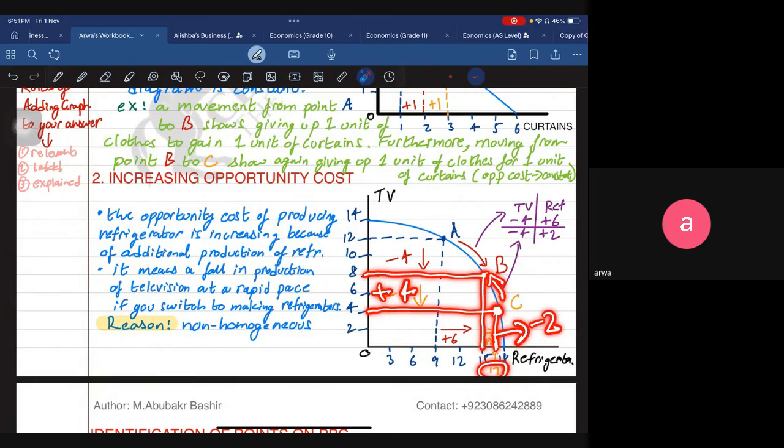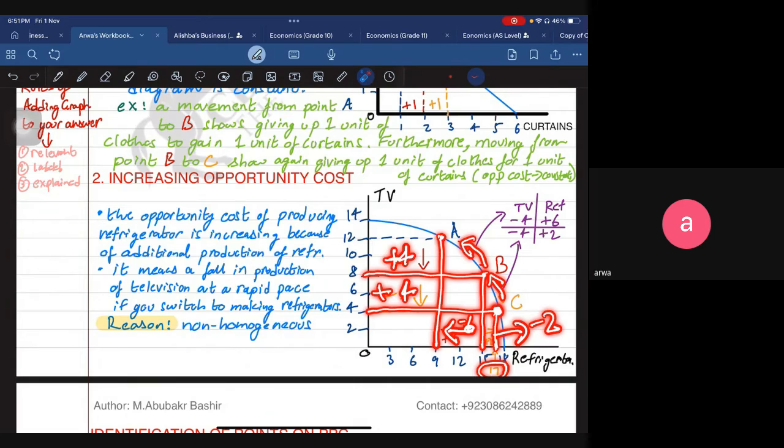And then further, in order to gain more of the TVs, you are again giving up, this time 6, to gain +4. So here even the opportunity cost is increasing. You have to keep giving up more refrigerators to gain more TVs.